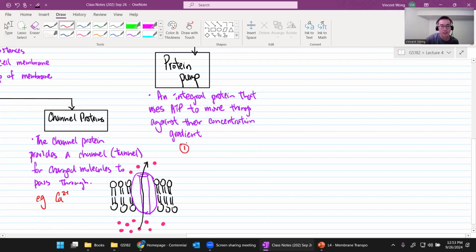Example 1 is a proton pump. Okay, so in the stomach, that's the stomach.